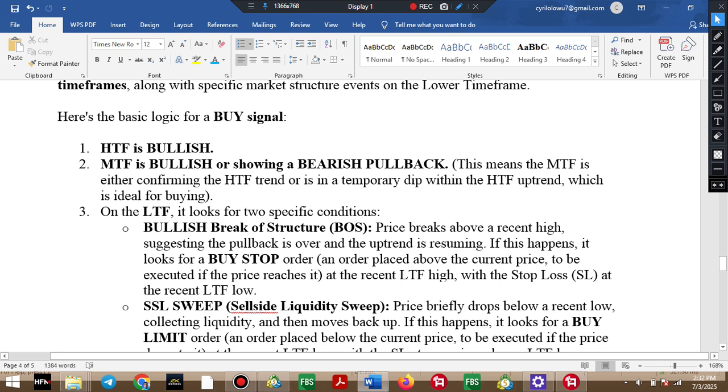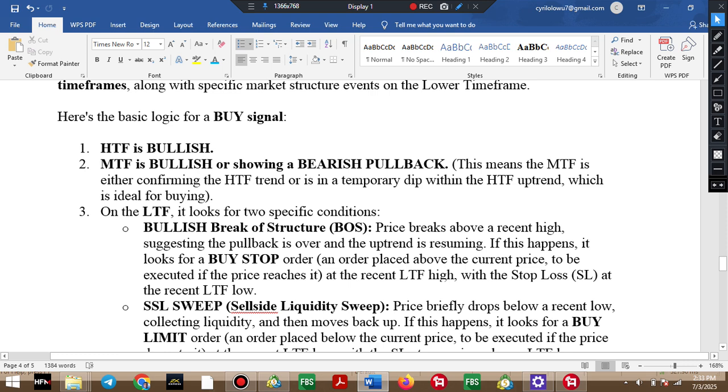That means the higher time frame is bullish. MTF is bullish or showing a bullish pullback. This means the MTF is either confirming the HTF, that is, the middle time frame is confirming the higher time frame trend, or is in a temporary dip within the HTF uptrend.